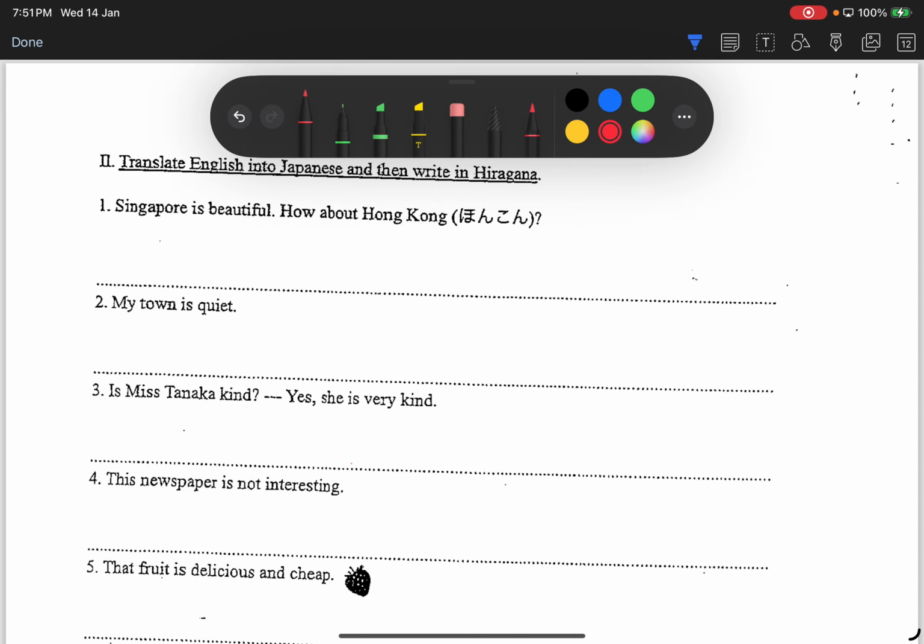私の町は静かです。Okay, good. 私の町は静かです。Okay, so please write in hiragana for practice. 静か。静かです。町。町は静かです。Okay, number 1.